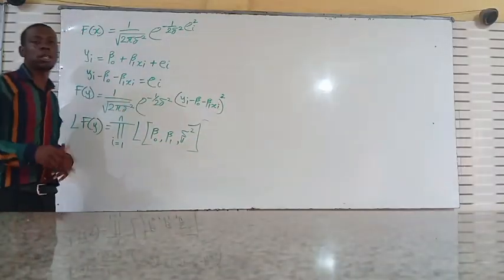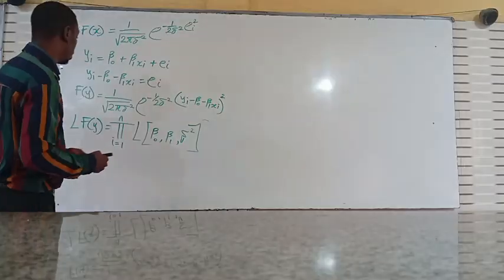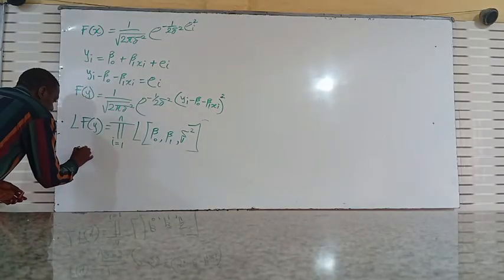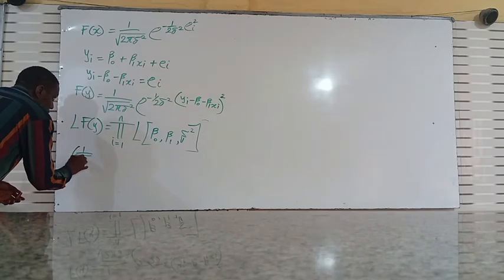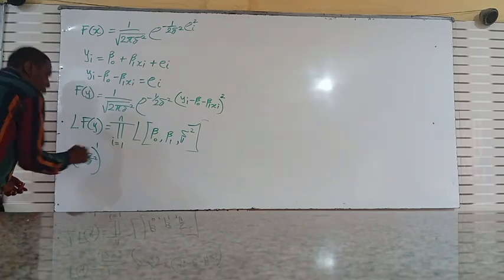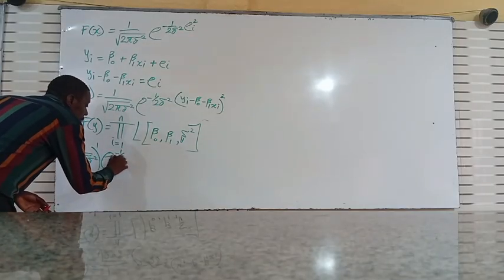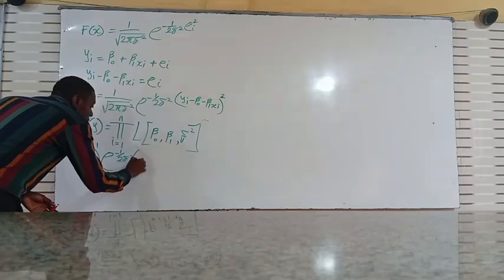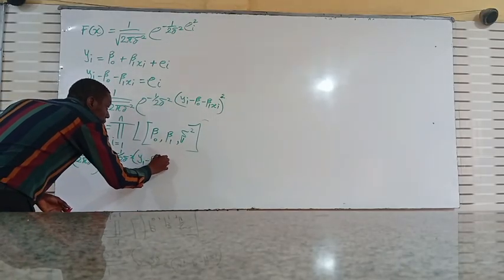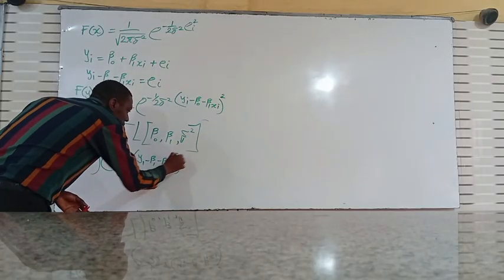So let's see what the product looks like on this model. We start with this one: 1 over root 2 pi sigma square raised to the power of 1, followed by exponential, now this i comes to 1, xi comes to x1 raised to the power of 2.